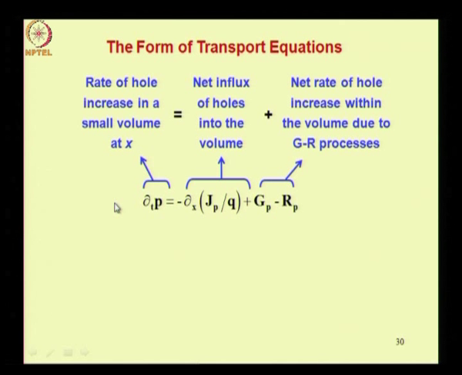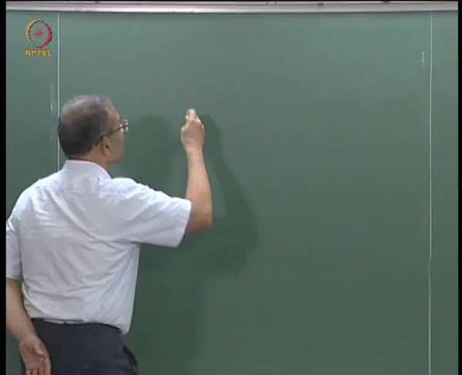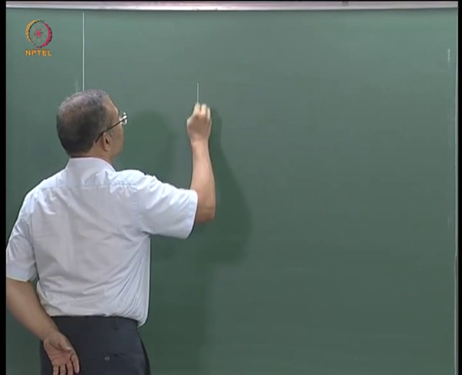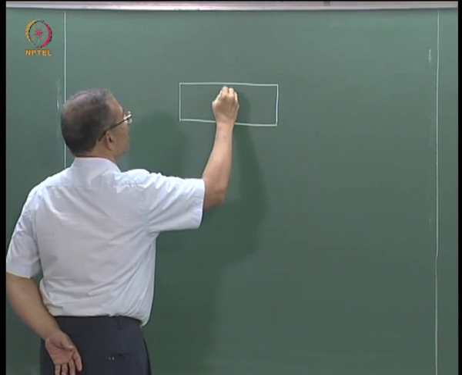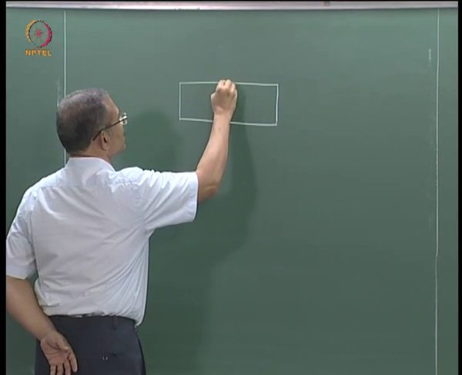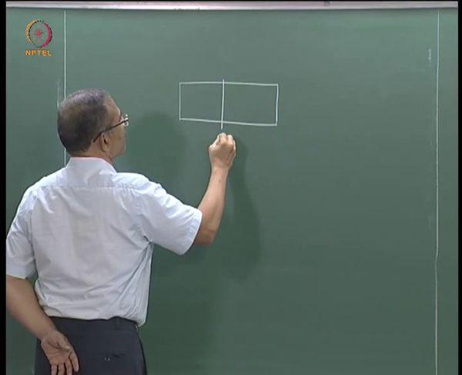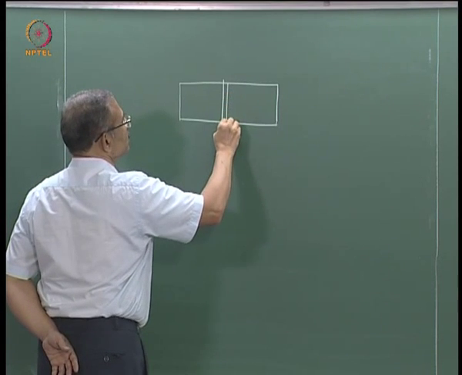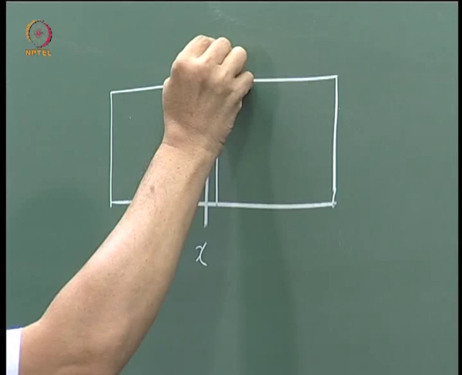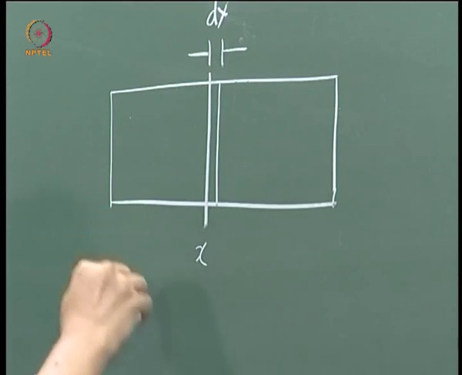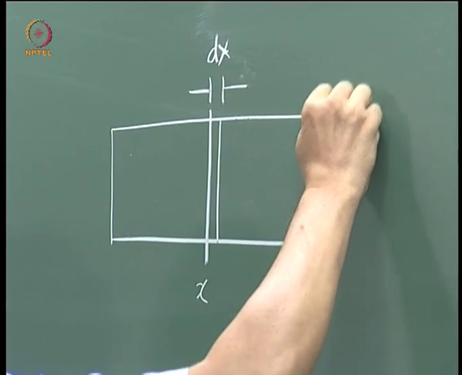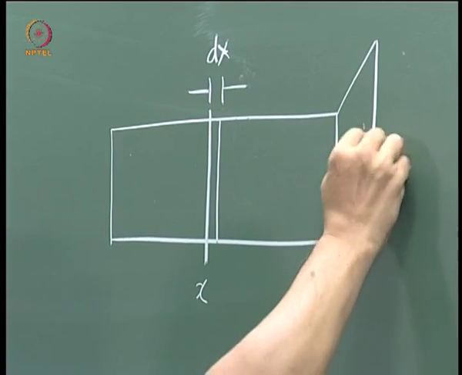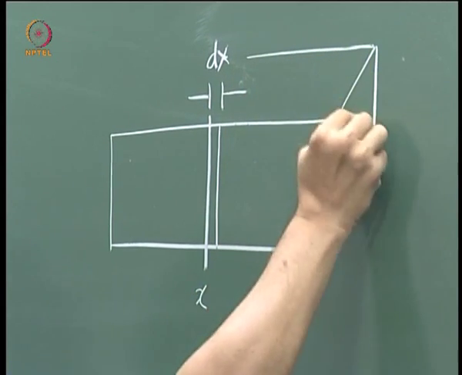Let us draw a diagram to illustrate this point. So let us say this is some x and you are looking at a small volume dx. Now this is one dimensional, so when we refer to a small volume, what it means is that there is a cross sectional area that is in this direction, right?